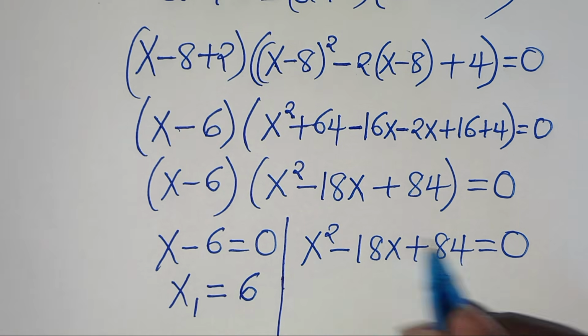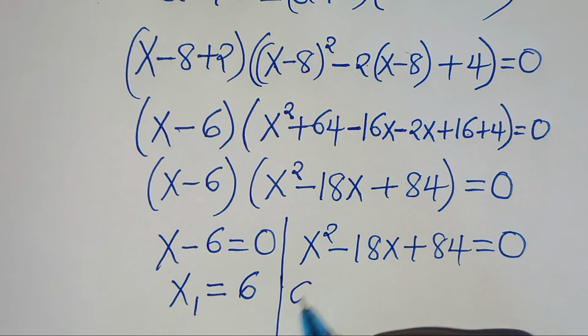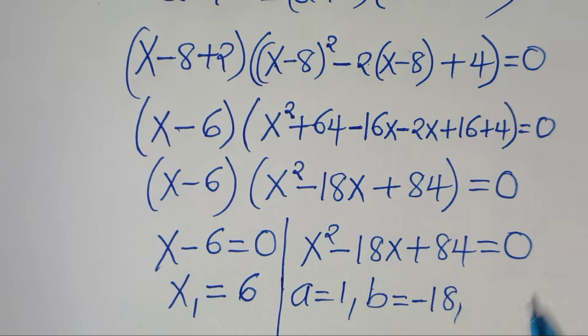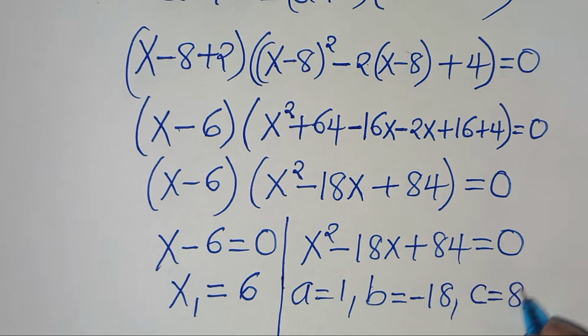The next part is a quadratic equation where we have a equal to 1, b equal to -18, and c equal to 84.